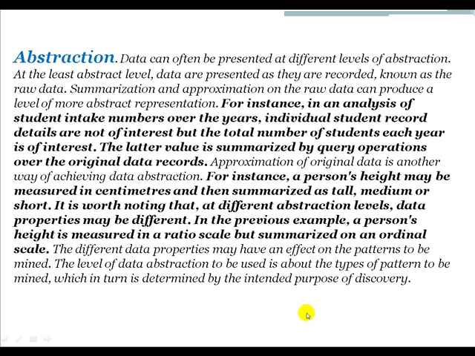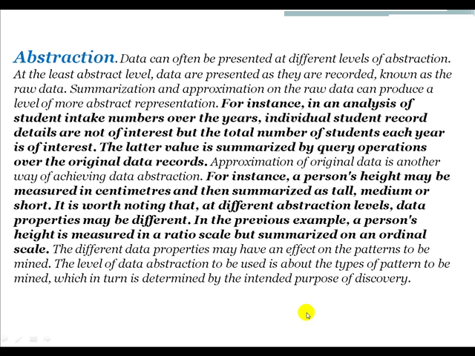For instance, in an analysis of student intake numbers over the years, APU might be interested in how many students came last year, how many students came the year before, and so on. They're interested in the student intake over the years. Individual student record details are not really of interest in this study, right? We don't care how tall the student is or how much they weighed.